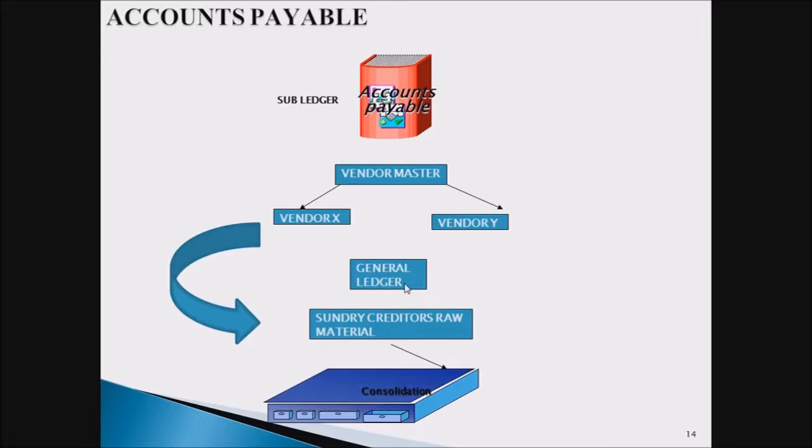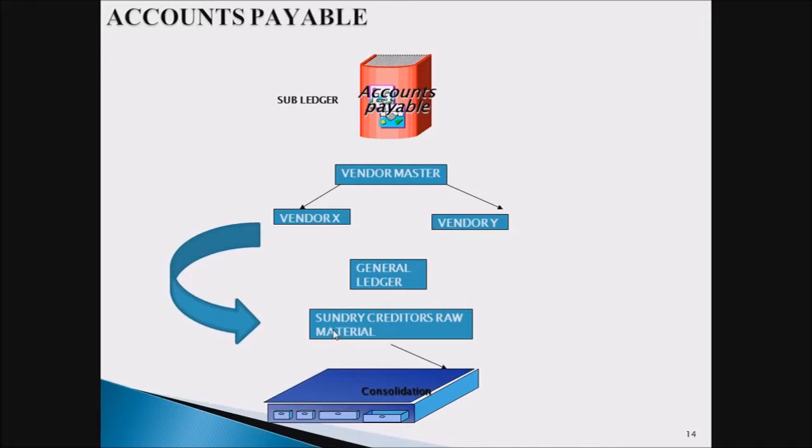To get that information, I have to come to my subledger, and under the subledger I create a vendor master. A vendor master is nothing but a list of all the vendors. If my company has 100 vendors, every vendor will be in the vendor master. The vendor master is a subledger, and the subledger is linked to the general ledger.